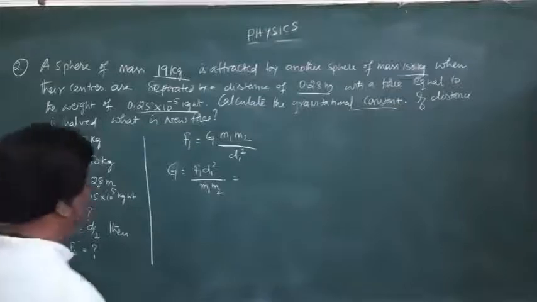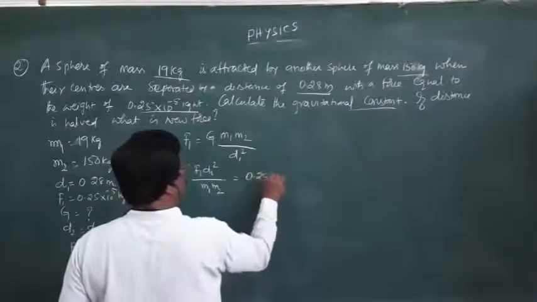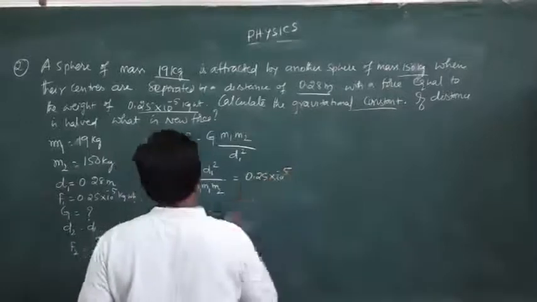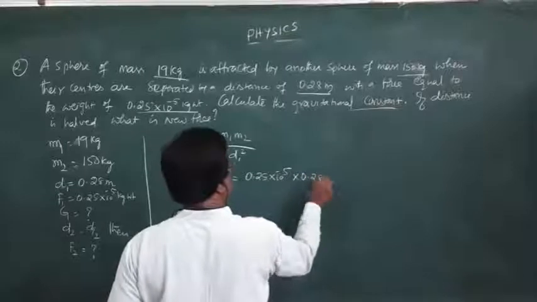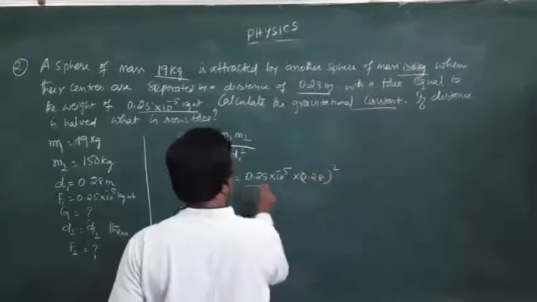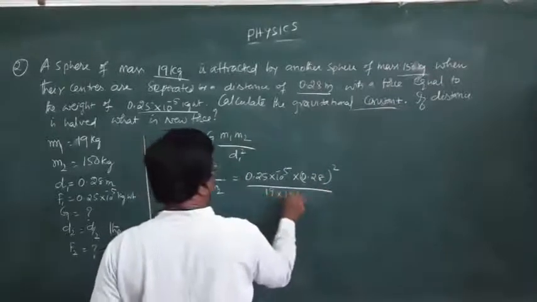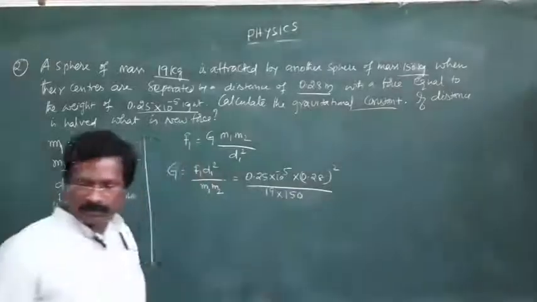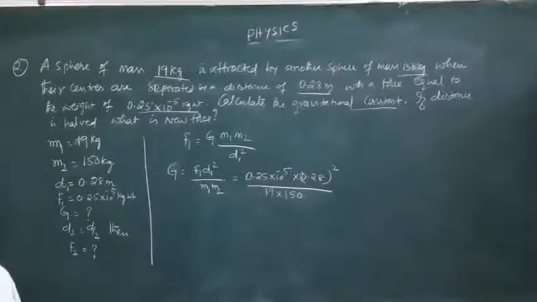F1 is 0.25 into 10 raised to minus 5, and the distance is 0.28, whole square, divided by M1 is 19, M2 is 150. Simplify this and you will get the answer.